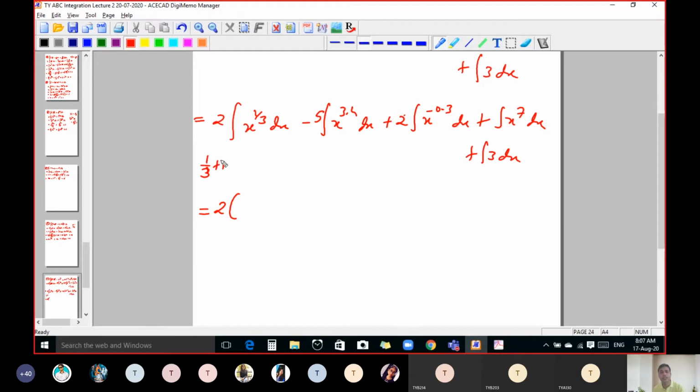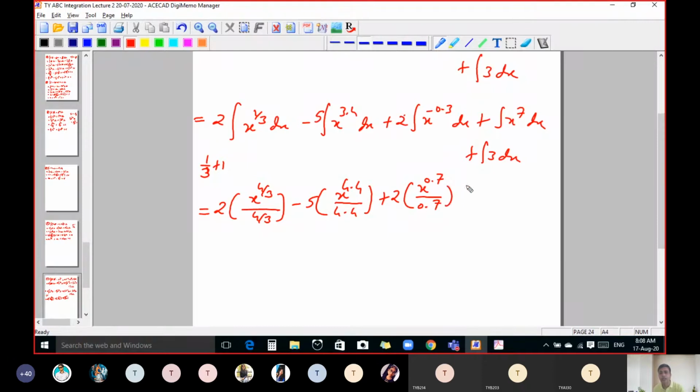If we take 3 LCM, in the numerator we get 1 plus 3, that means 4, so we get x raised to 4 by 3 upon 4 by 3 plus, minus 5 x raised to 3.4, so add 1 to that, so x raised to 3.4 plus 1, that is 4.4, upon 4.4, plus 2, this is minus 0.3 plus 1, so we get 0.7, so x raised to 0.7 divided by 0.7.